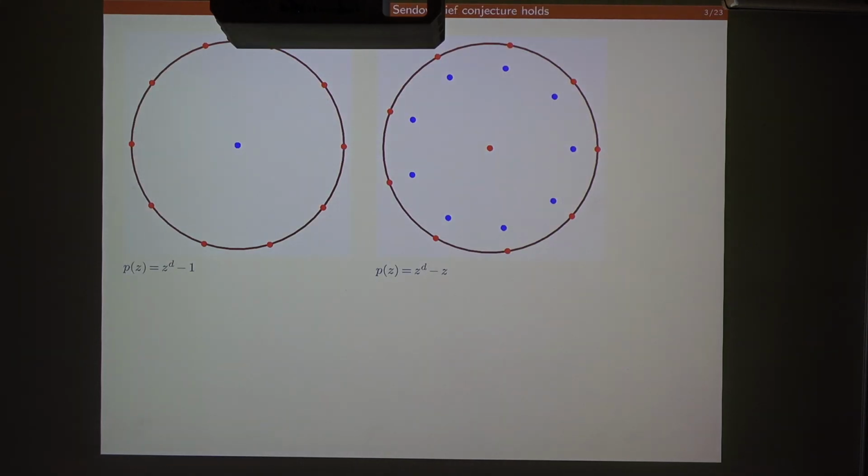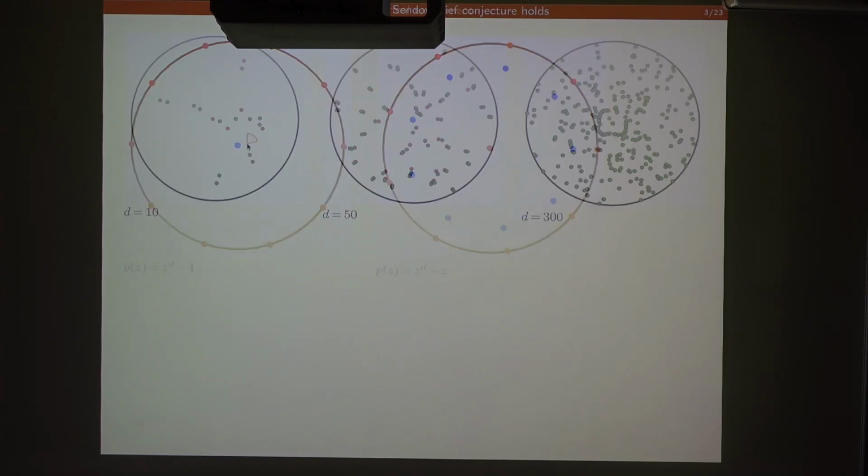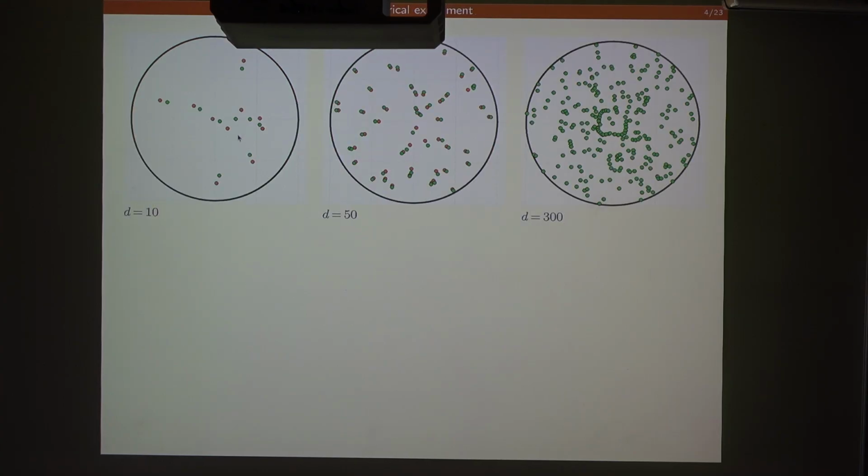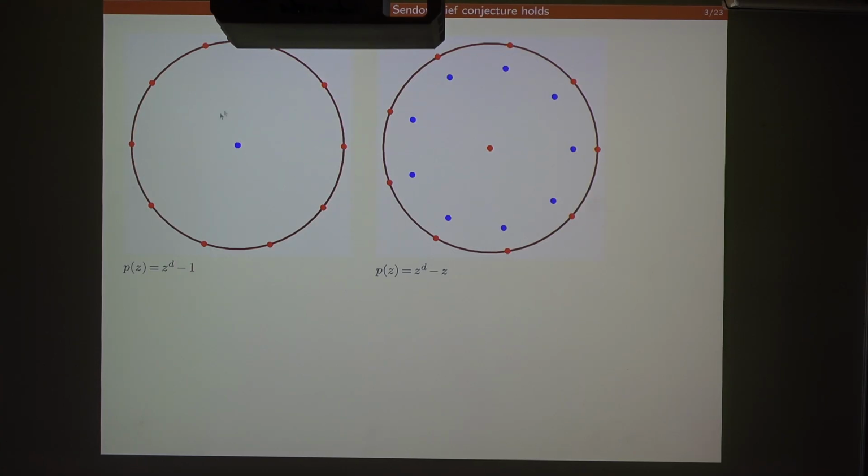First, the conjecture holds when the polynomial is z^d minus 1. It's an example, and the derivative's root is 0, and the roots are the roots of unity.